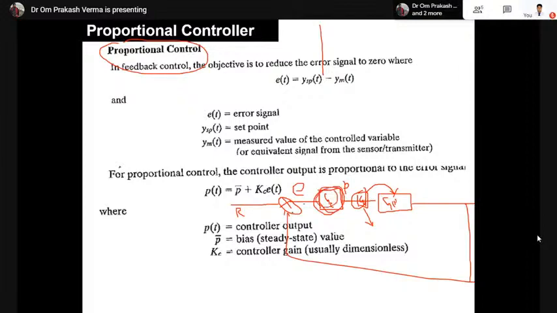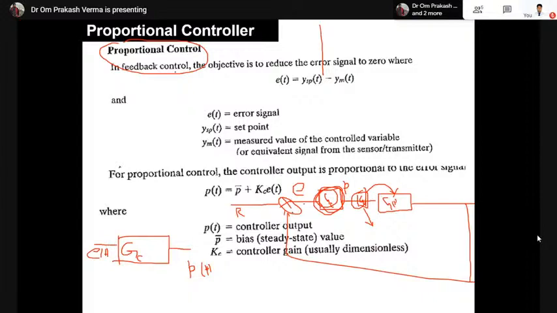I want to make only this comment here: the input of the G_C controller is nothing but the error, and the output is nothing but some signal P(t). Based on this, all the control action can be designed.